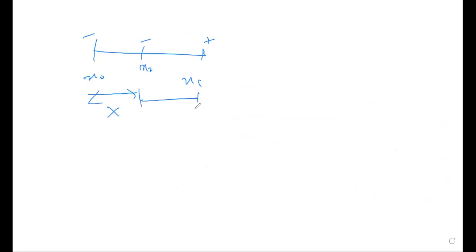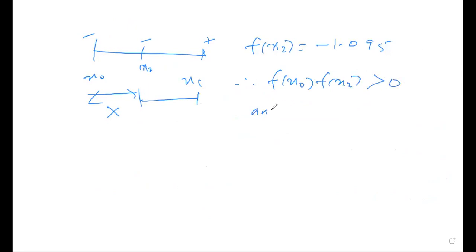So what is that? This is our x naught, this is our x1, this is negative, this is positive, this is x2, this is also negative. First of all, you have to say f(x2) is negative 1.095. Therefore, f(x naught) and f(x2) give a positive value, but f(x2) times f(x1) gives a negative value.